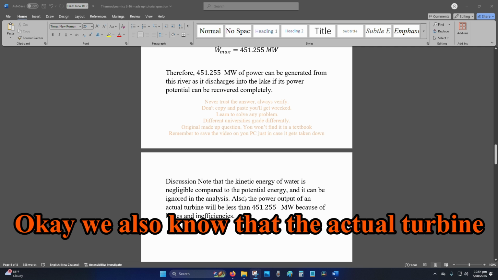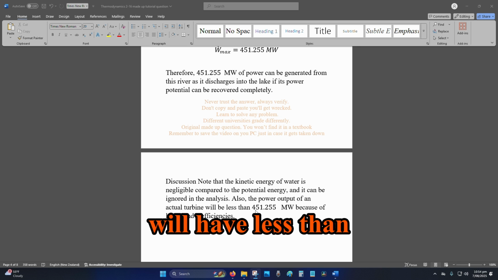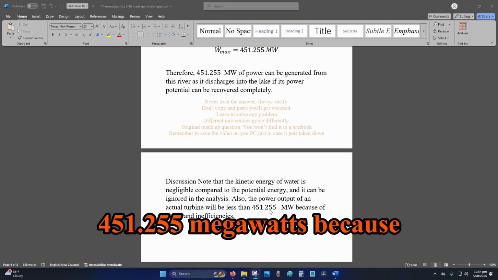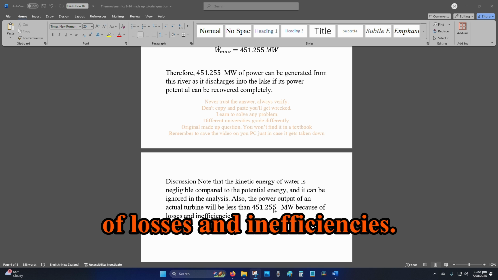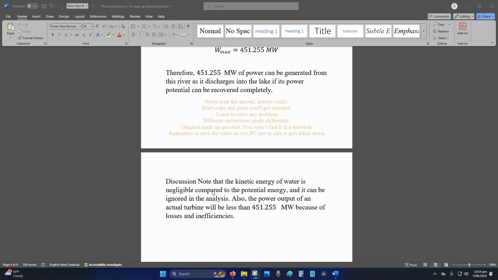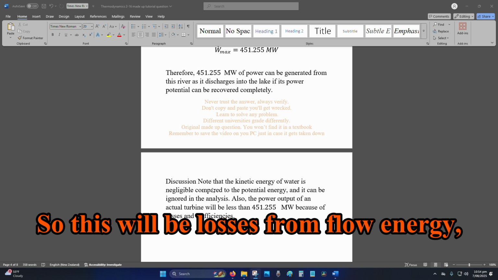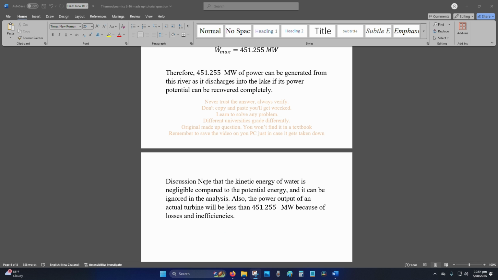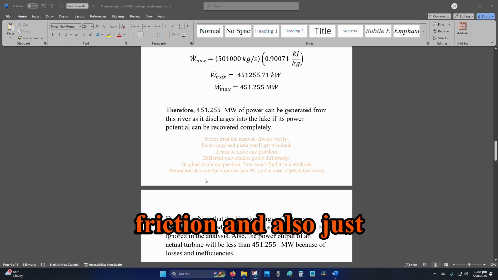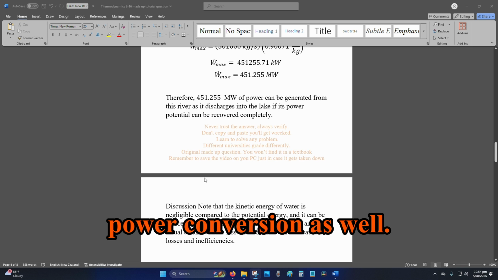Okay, we also know that the actual turbine will have less than 451.255 megawatts because of losses and inefficiencies. So this will be losses from flow energy, friction, and also just power conversion as well.